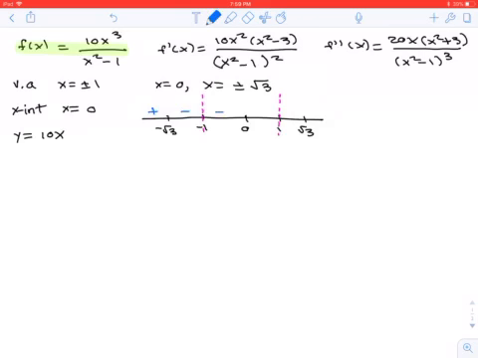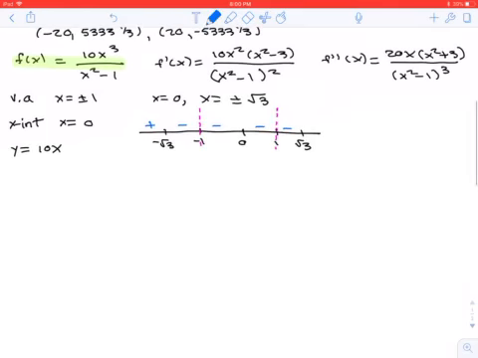Now to the left and right of 0, to the right of 0, it's also negative. Let's be careful. We'll talk about it afterwards, but we're going to be careful. Then to the right of 1, it is still negative, and then at root 3, to the right of root 3, it is positive.